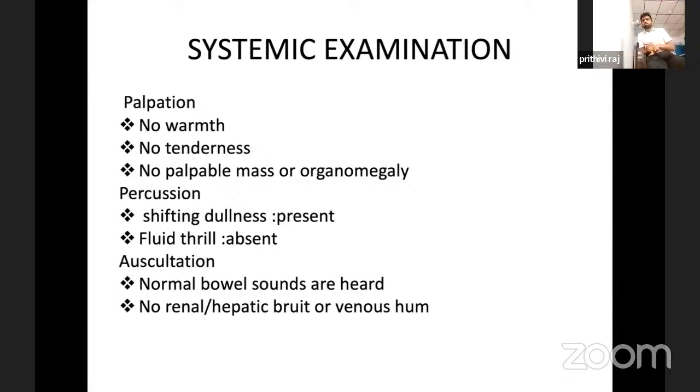Okay. So what is shifting dullness and what is fluid thrill? Shifting dullness is seen if the fluid accumulation is from 1000 to 1500 ml. Fluid thrill will be seen if the fluid accumulation is 2000 ml. Now tell me, how do you perform fluid thrill?